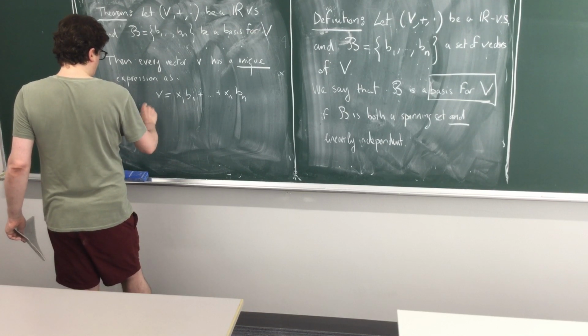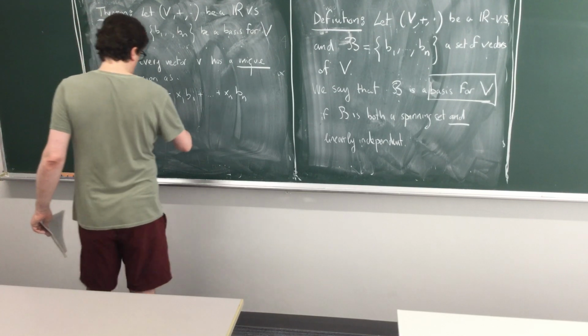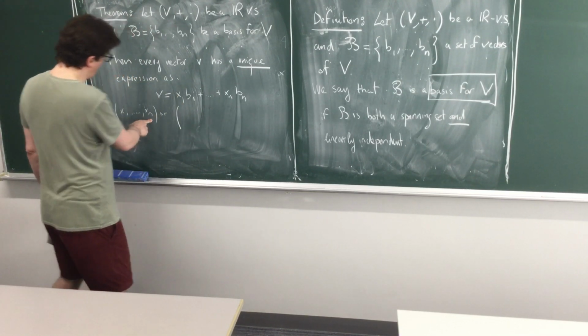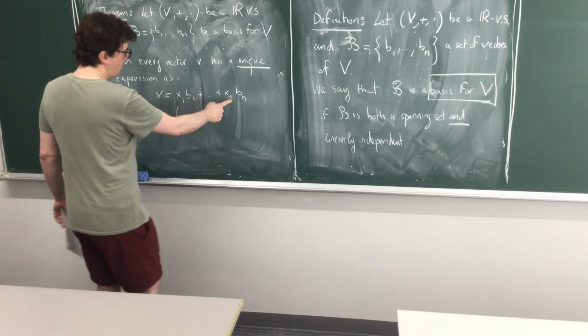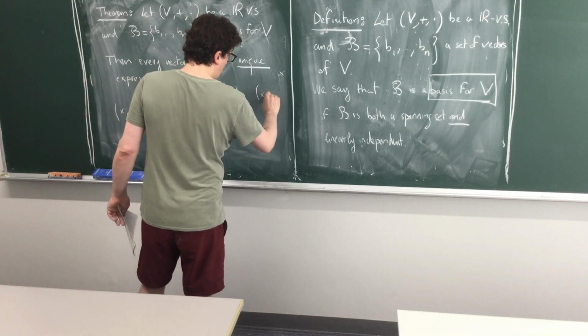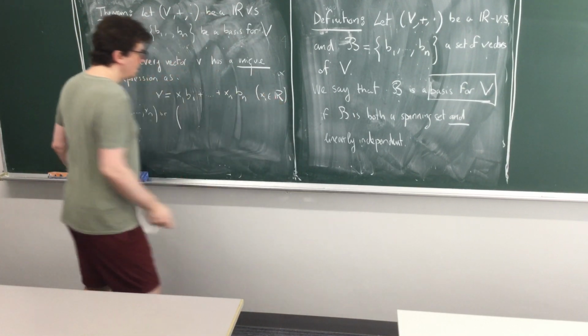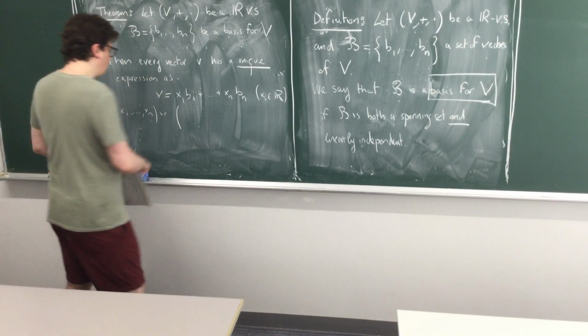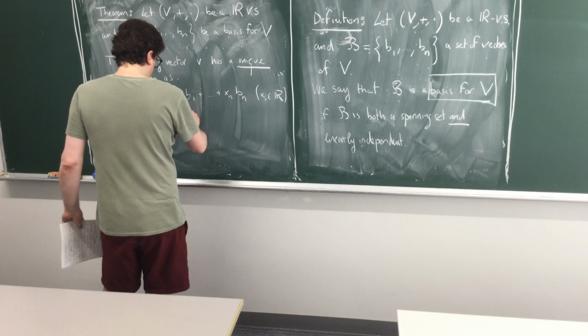The x1 to xn you can also consider as either the n-tuple defined by this, so here the xi are scalars of course, or as a column vector.